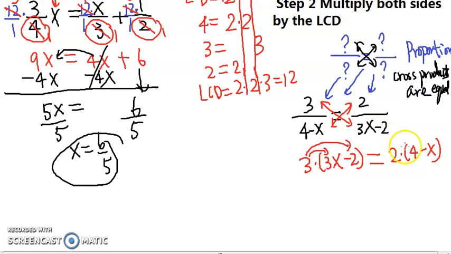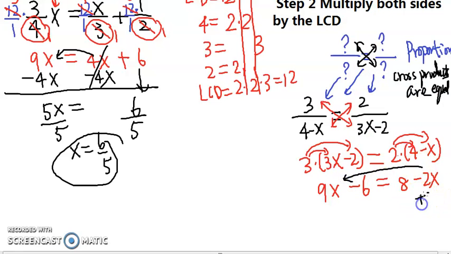And now we can get rid of parentheses by distributing: 9x minus 6 equals 8 minus 2x. And next we combine like terms because we have this on the right. So we're going to move it to the left by adding a 2x. We got 11x minus 6 equals 8.